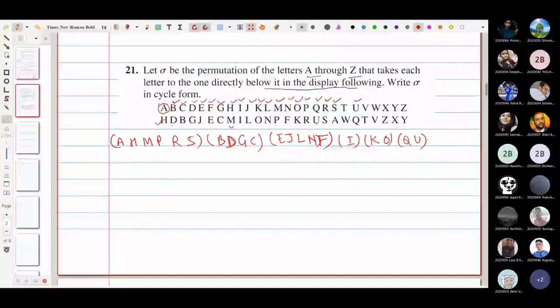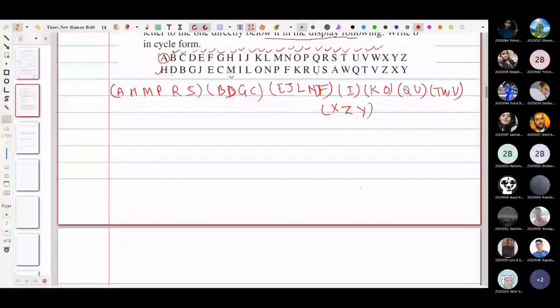Then we have T to W, W to V, and V to T. Okay, so we have this cycle. And then we have X to Z, Z to Y, and Y to X. Okay, so this is a cyclic representation. All are disjoint cycles.